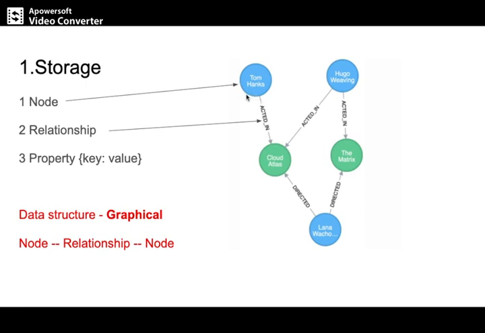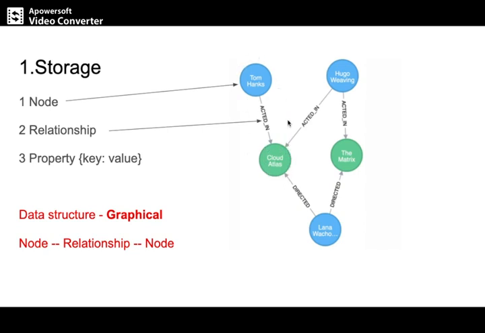The name property of this node is Tom Hanks, and the property of the relationship is acted in. The name property of this node is Cloud Atlas.